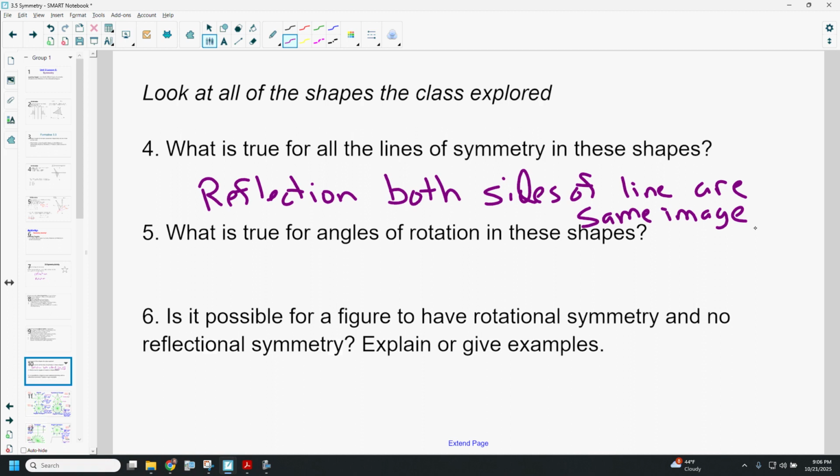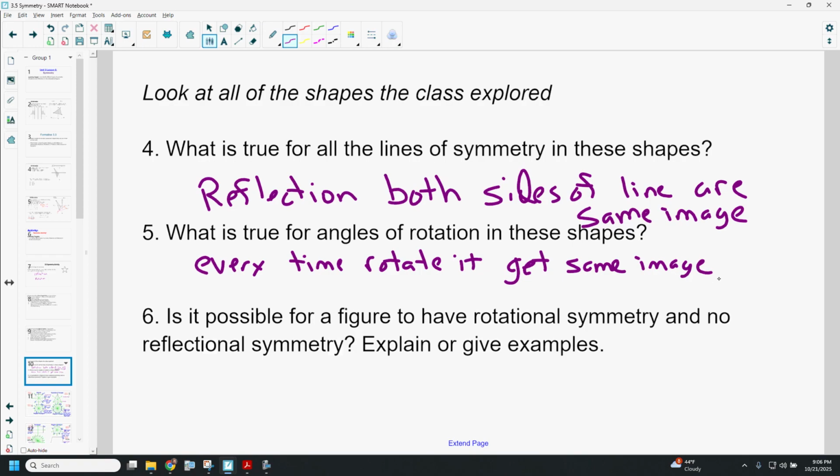Okay? What's true for all angles of rotation? That every time you rotate it, you get the same image. Okay? Is it possible for a figure to have rotational symmetry and no reflectional symmetry? Yes, it is. We will talk about and look at this some more.